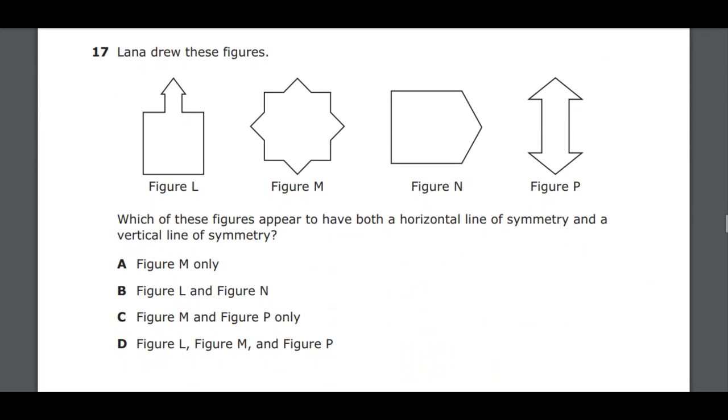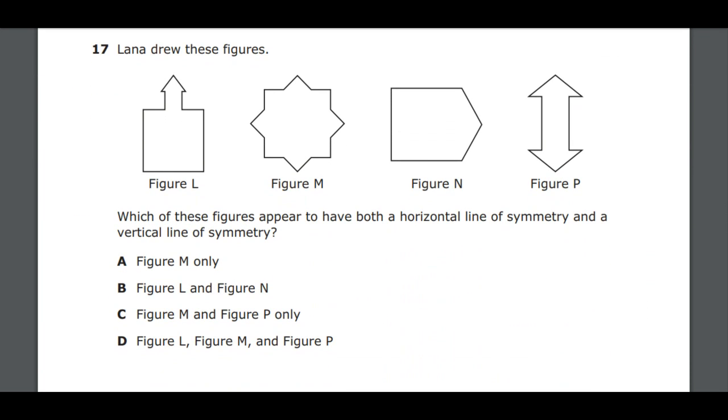17. Lana drew these figures. Figure L, figure M, figure N, figure P. Which of these figures appear to have both a horizontal line of symmetry and a vertical line of symmetry?